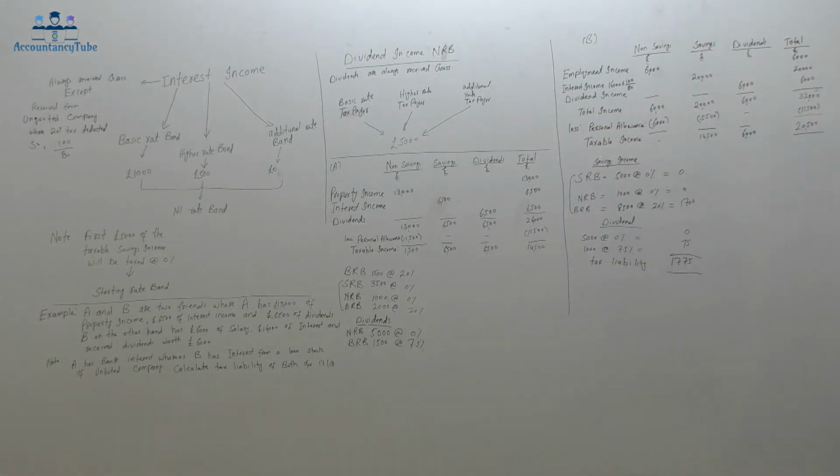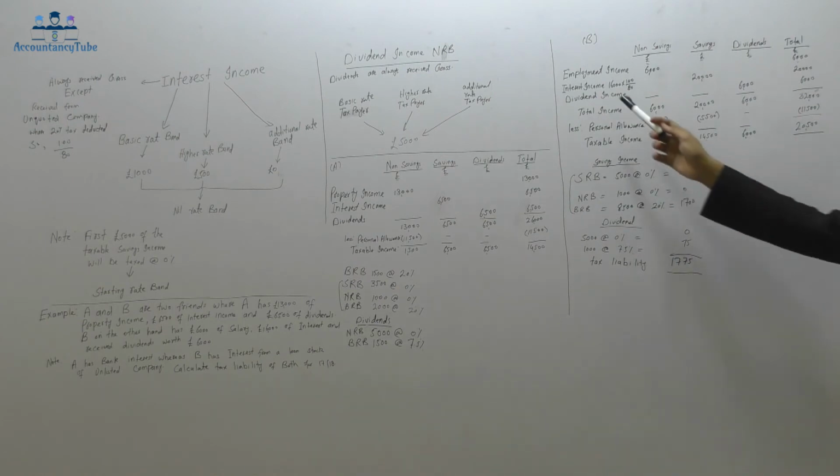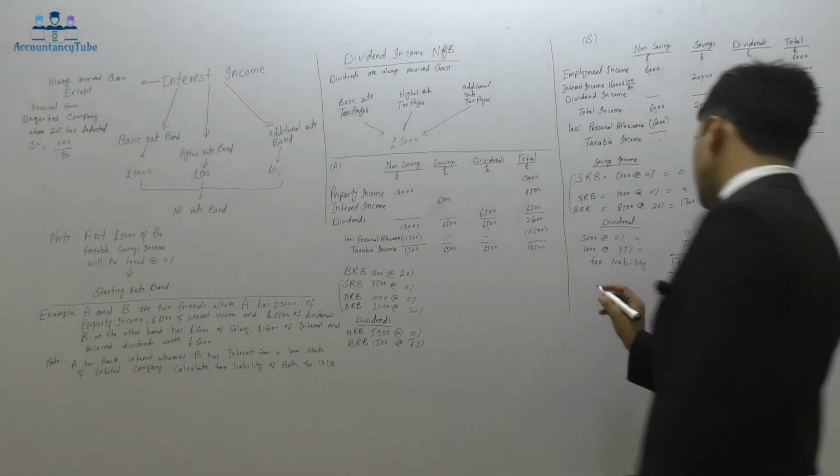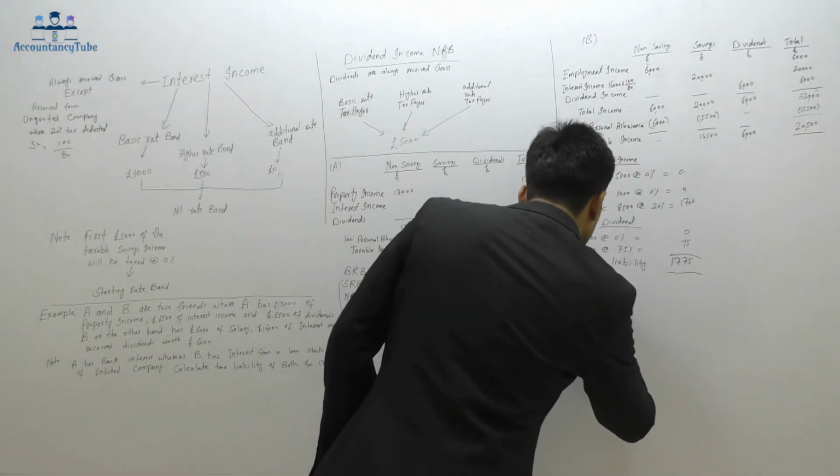So 20% of the tax was deducted from the interest income before we were paid. So we were actually paid £16,000, where we have taxed £20,000 here. So we need to deduct the tax which was paid earlier. How much was paid? £4,000 was paid. So we will deduct £4,000 out of this one. So that is tax deducted at source.